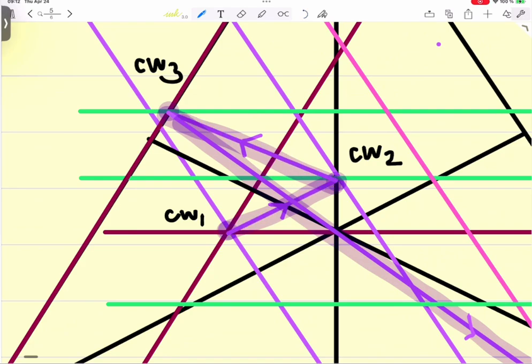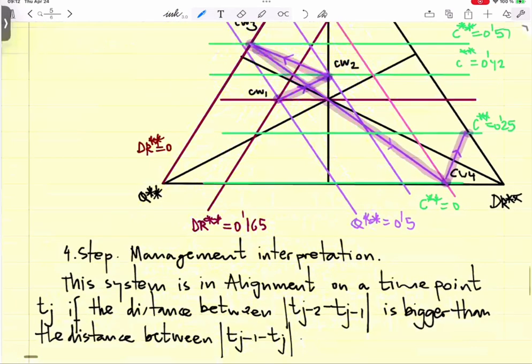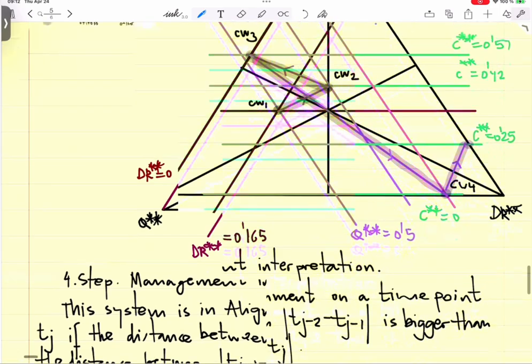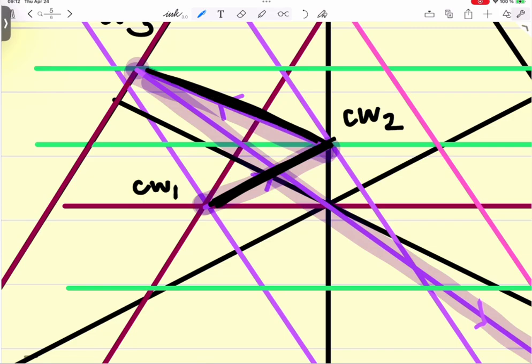Okay? Let's put it into an interpretation here. Again, you can do that with your ruler in the exam. The distance between calendar week 1 and calendar week 2, in this case, seems to be smaller than this distance. Right?